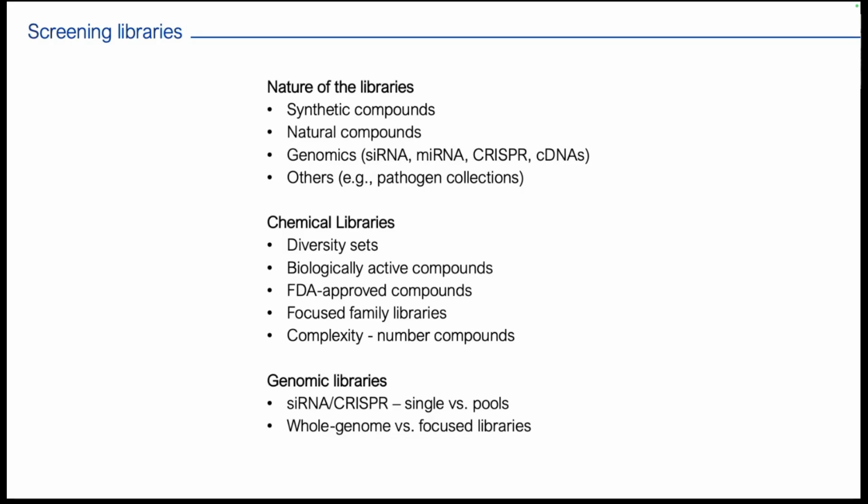So for example, if we come back to the example of kinases, if you want to find a kinase that does a specific phosphorylation, we could just screen the kinase library or the phosphatase or protease or ubiquitin-related genes, and so on and so forth.